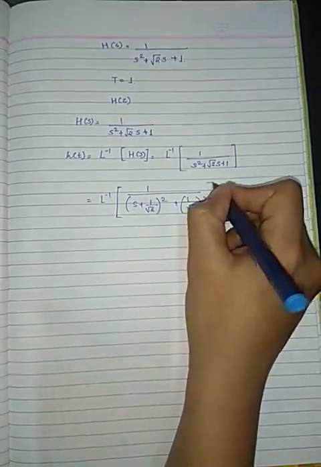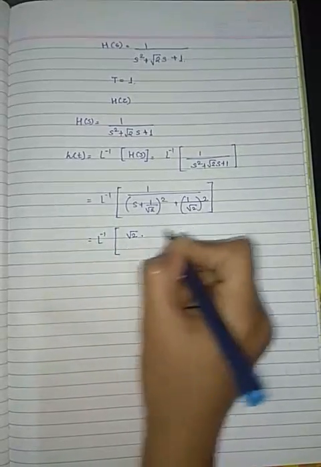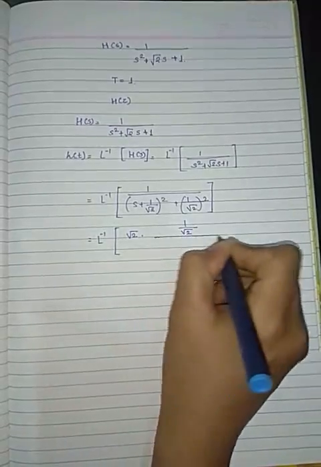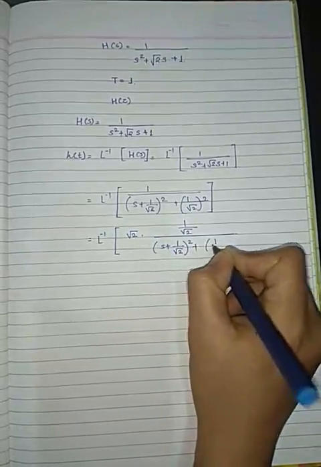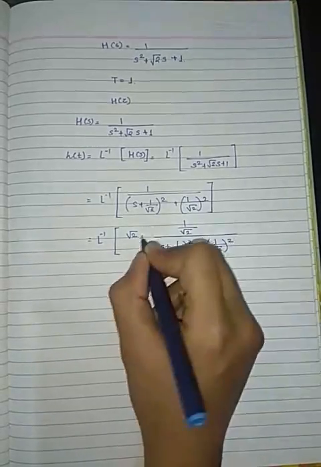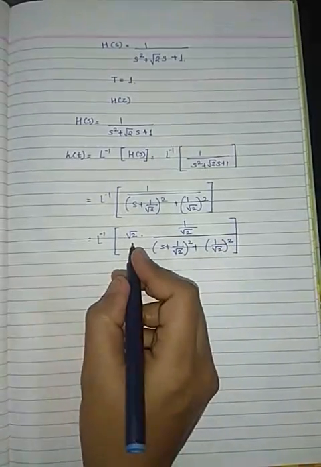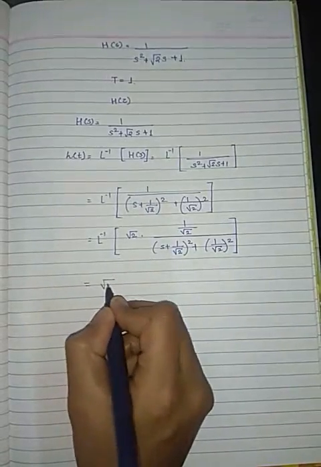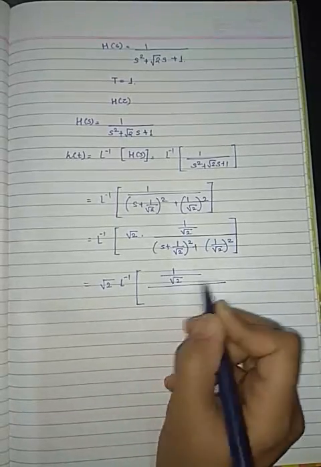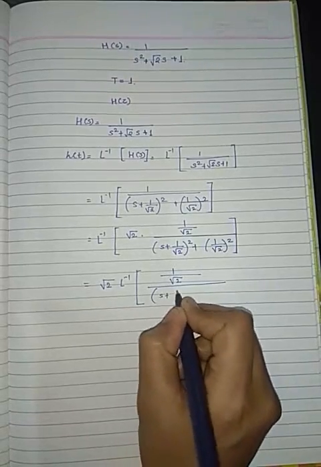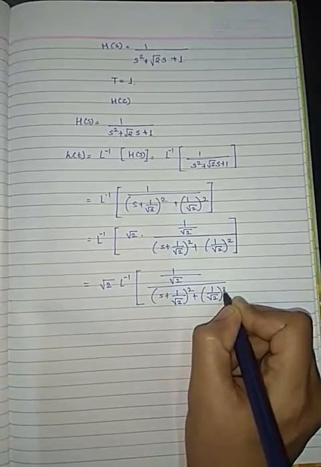Here it will become L inverse of square root of 2 into 1 divided by square root of 2 divided by (s plus 1 divided by square root of 2) square plus (1 divided by square root of 2) square. We have just multiplied and divided by square root of 2 here. So take this square root of 2 outside.